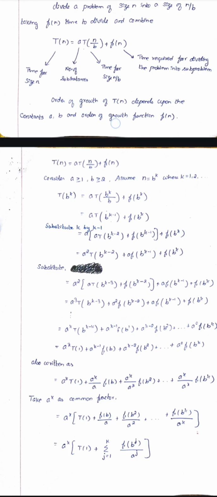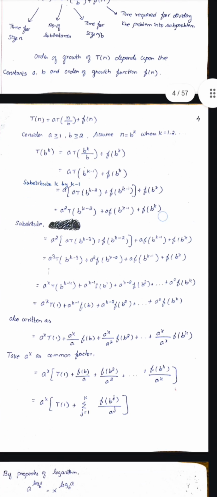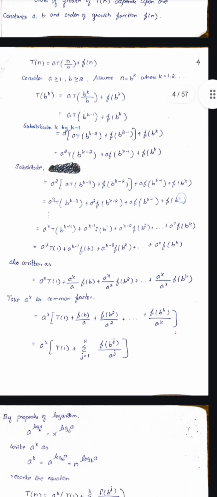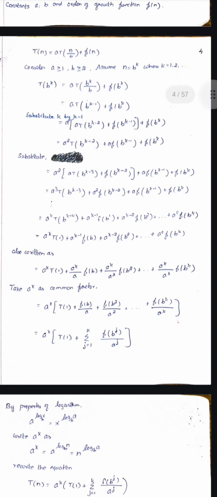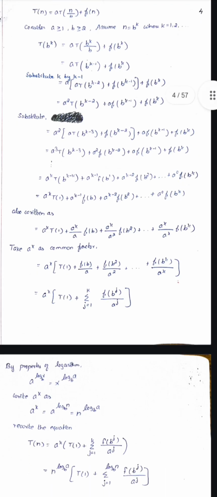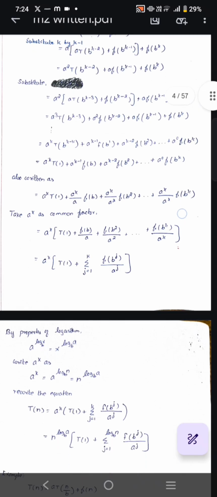T(n) = aT(n/b) + f(n), where a ≥ 1 and b ≥ 2. Assume n = b^k, where k is 1, 2, and so on. T(b^k) = aT(b^k/b) + f(b^k) = aT(b^(k-1)) + f(b^k).